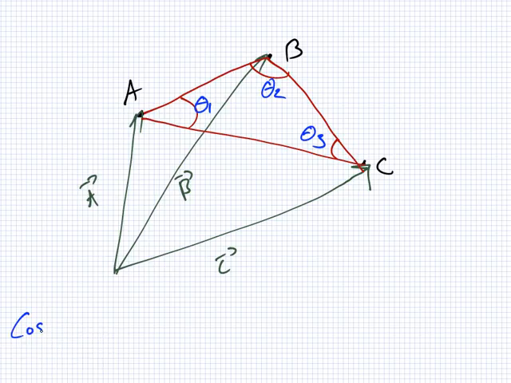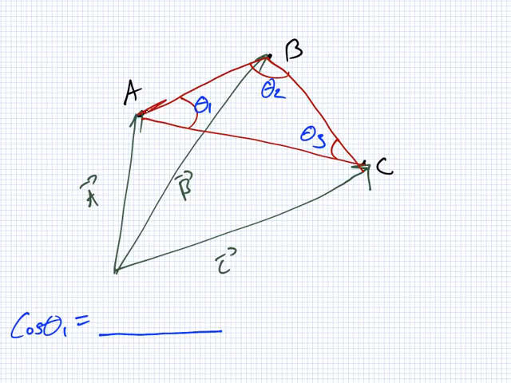So how could I get theta 1? I could say cos theta 1 equals what? Who can tell me what that would be? A dot B over the magnitude of A and B? No. Thanks for trying though, but it's a little bit harder than the previous example.